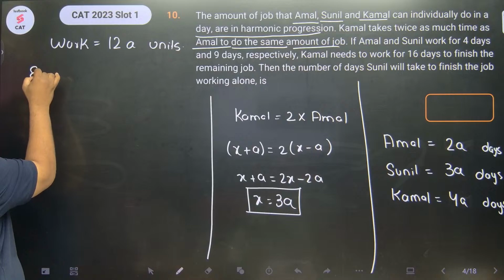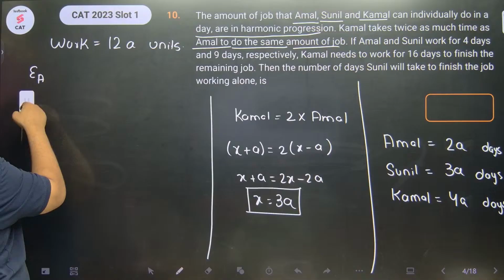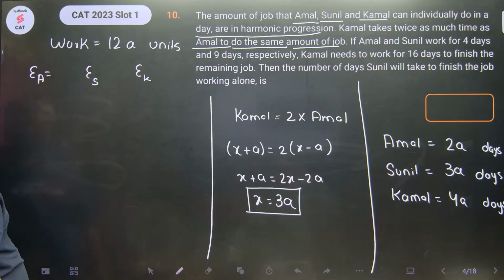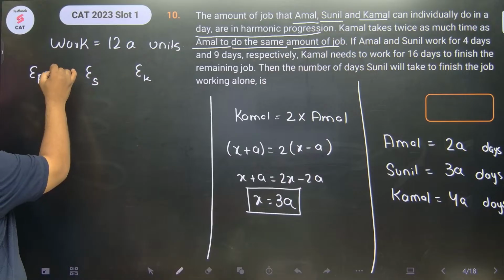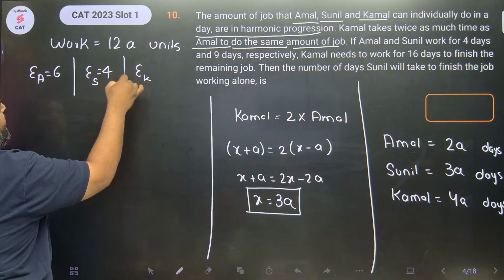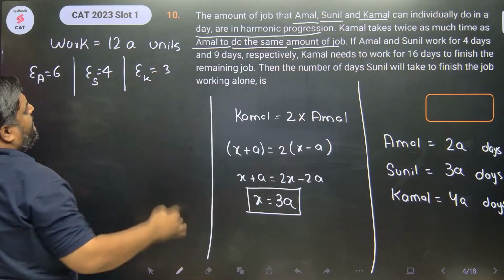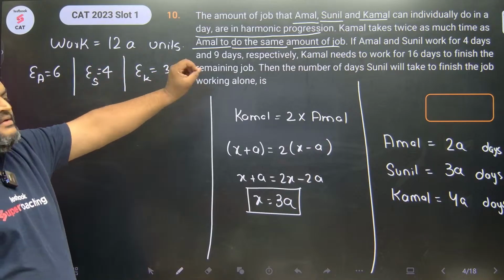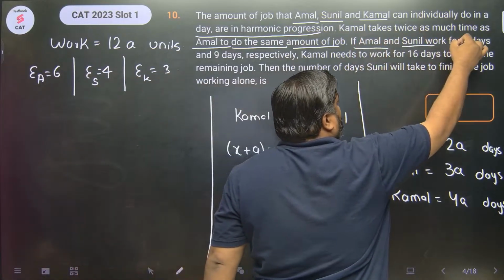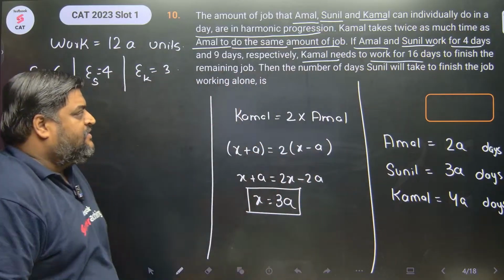We can find their efficiencies. Efficiency of Amal, efficiency of Sunil, and efficiency of Kamal. What is the efficiency of Amal? 12 upon 2a, 6. Efficiency of Sunil? 12 upon 3a, 4. Efficiency of Kamal? 12 upon 4a, 3. What is the flow of the work given? Amal and Sunil work for 4 days, and Kamal works for 16 days, and the entire work is finished.